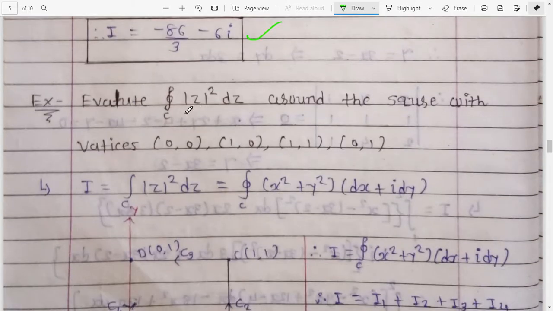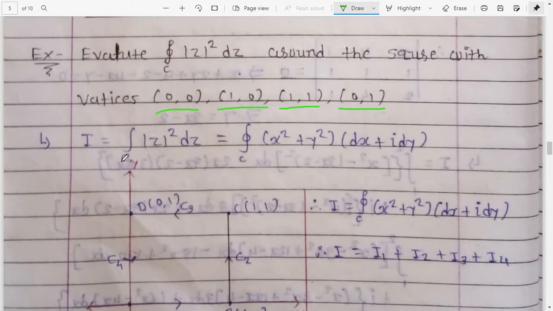Now evaluate the integration over the curve of |z|² dz around the square with vertices (0, 0), (1, 0), (1, 1), (0, 1). So I is equal to the integration over the curve of |z|² dz, which is the integration over the curve of (x² plus y²)(dx plus iota dy).